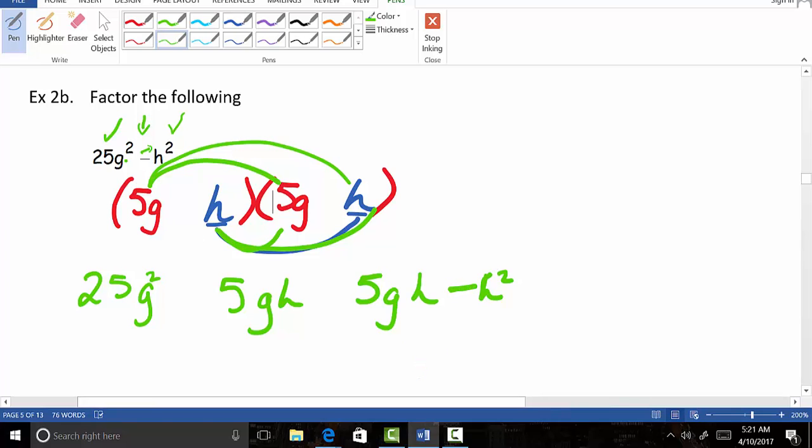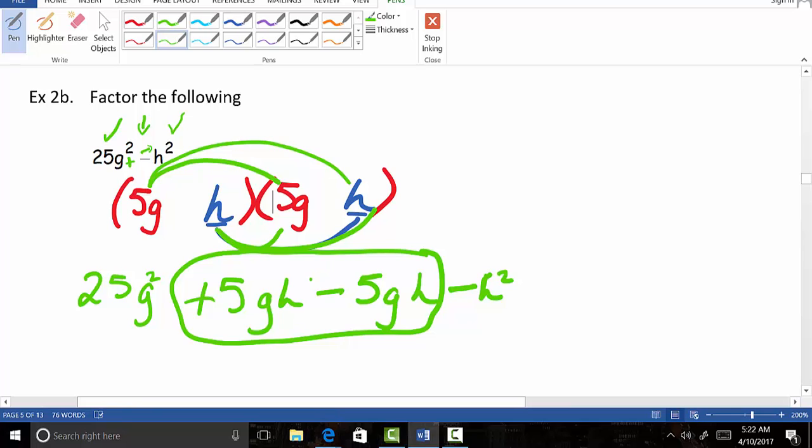We've talked in class about how this is the same thing as adding a negative, and so that's why it's part of the h squared. Really what's giving us the issue is this 5gh and another 5gh. But if we can make one of them positive and the other negative, then they'll just cancel out with one another.